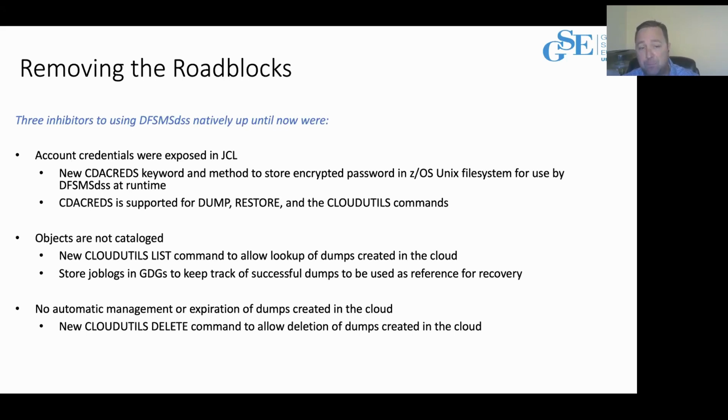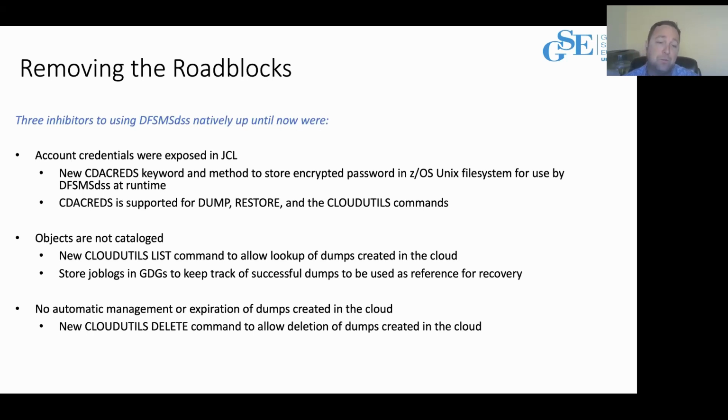In the slides we've uploaded, there are some slides in the backup that would show you how to go about configuring what we call CDA, or Cloud Data Access, securing those credentials so that you can use the CDA creds keyword. The second challenge was that the dumps we create using DSS are not cataloged. You can't go out to ISPF and say, tell me the dumps I've created for this volume.